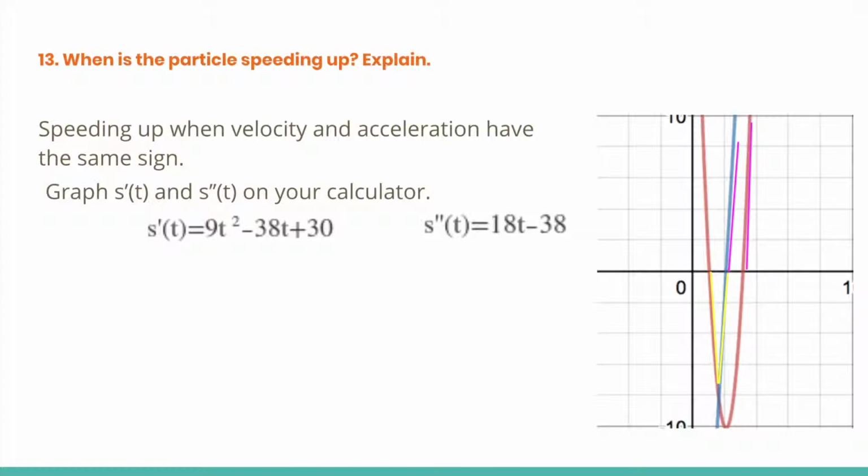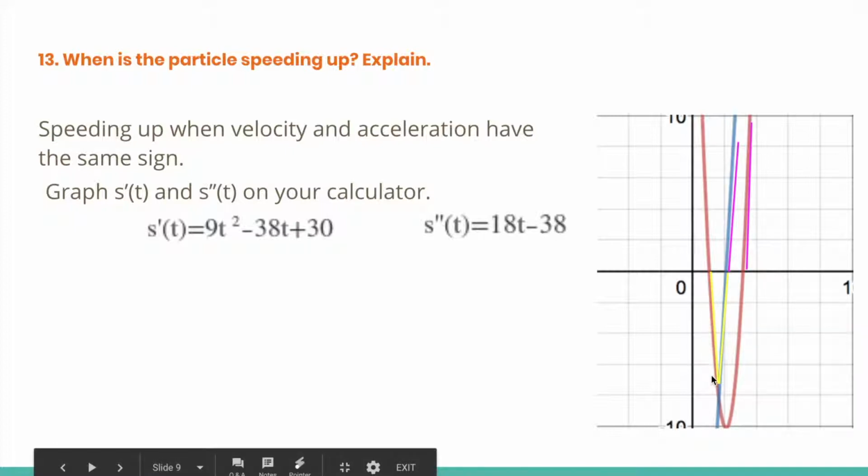As you can see, since this is the velocity and acceleration function, it first hits the x-axis at time A, and that's when the velocity function becomes negative because it's below the x-axis.